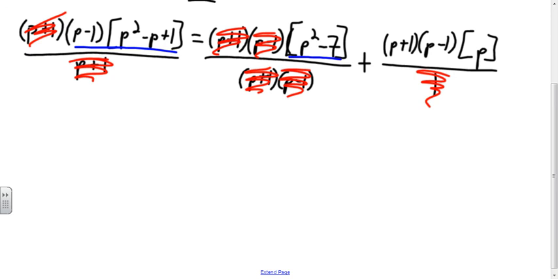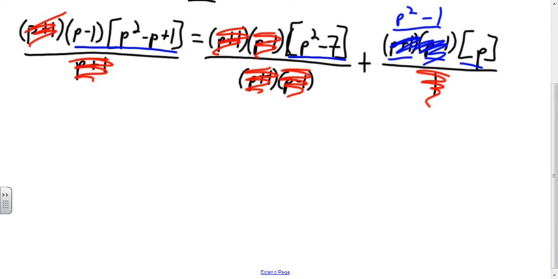This piece is just p squared minus 7, and this is just going to be these three pieces together. But nice trick for this is, remember this p plus 1, p minus 1. From our original equation, this is p squared minus 1. So it's actually only this piece and our p.